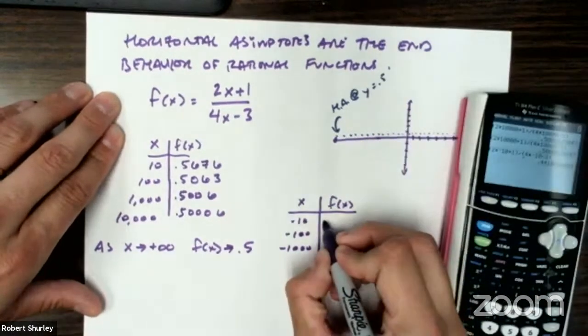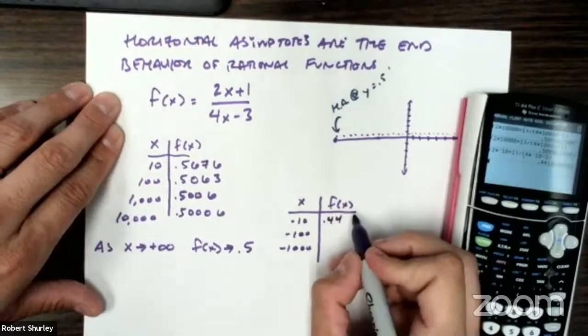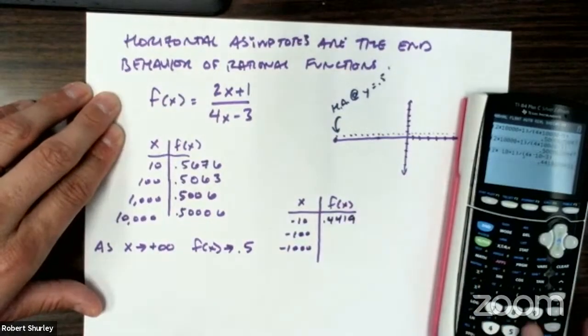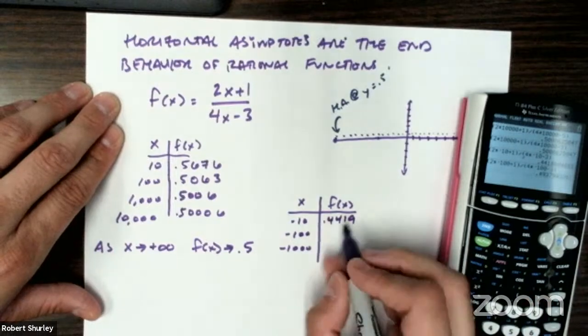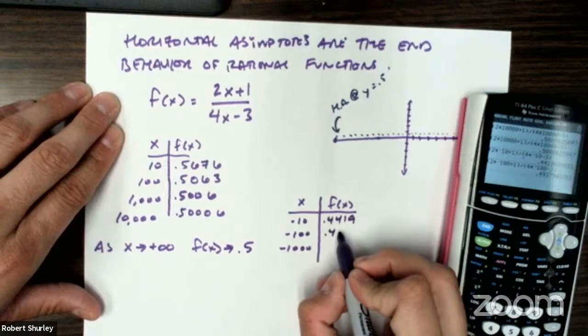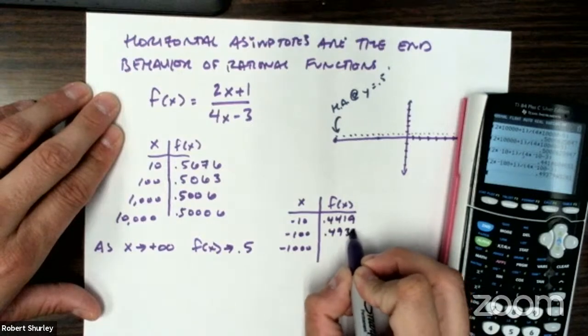That gives 0.4419. So 2 times -100 plus 1 divided by 4 times -100 minus 3. You can see it's going to 1/2 as well.